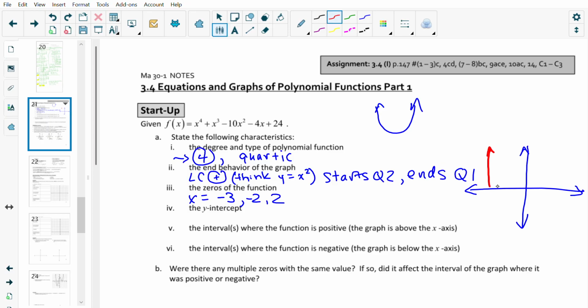Something like this. Okay, the y-intercept, y equals 24, so it's at 0, 24, right there.